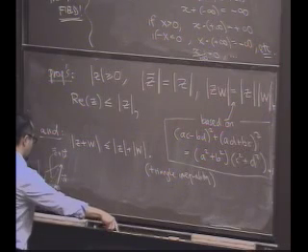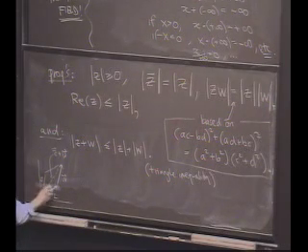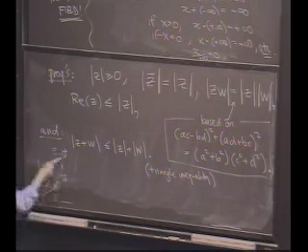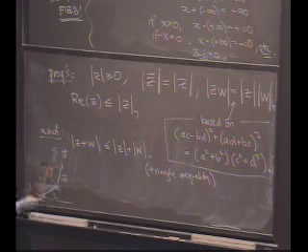And so the triangle part comes from noticing that the z plus w length can't be longer than the sum of these two lengths, but it might be shorter because there's a triangle here. Okay?